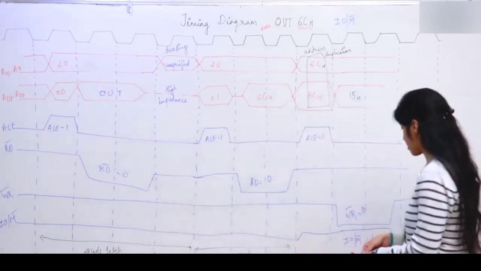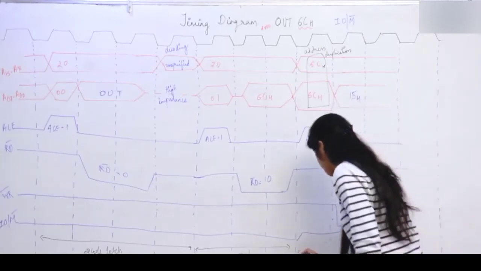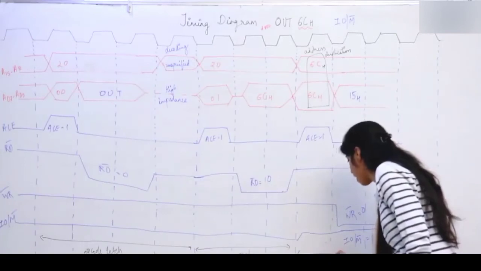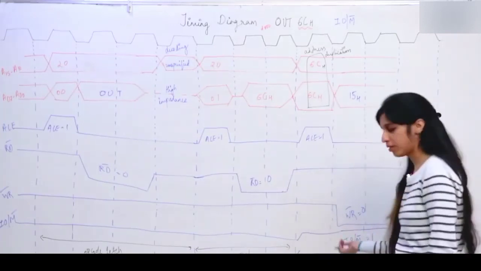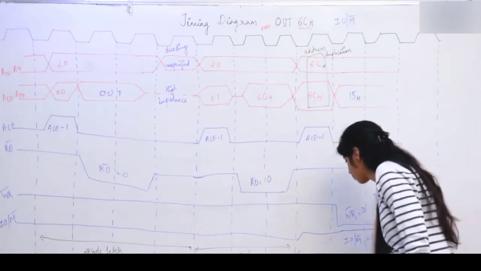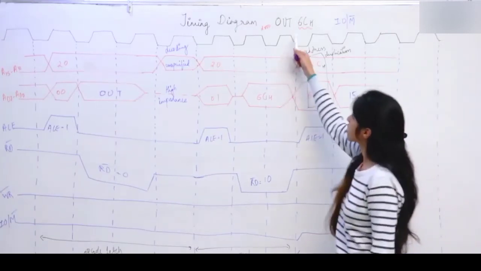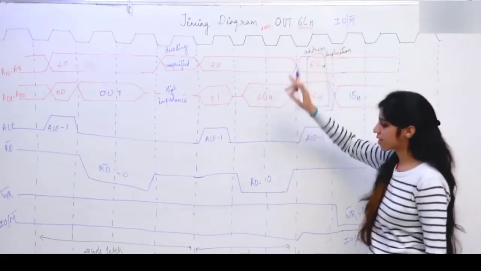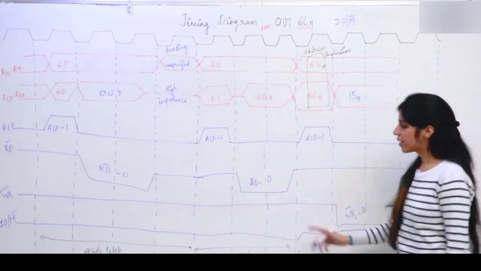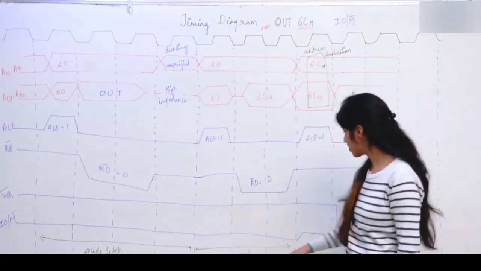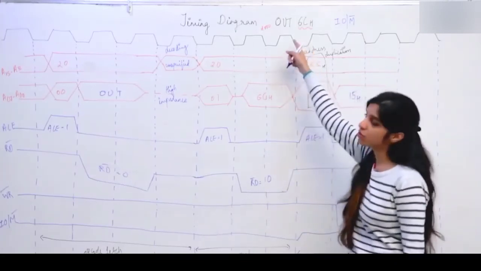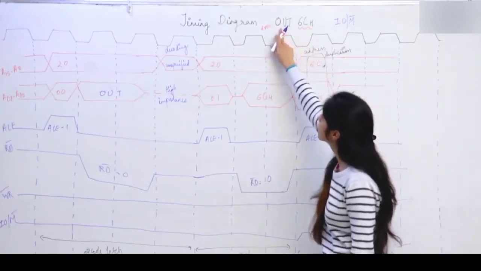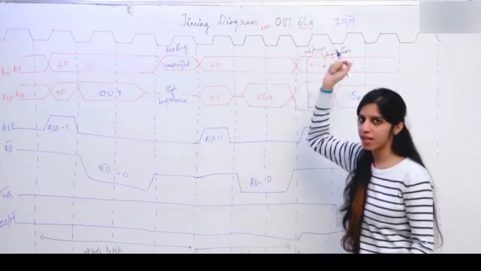And the last 3 states, what we are doing is IO write. IO write is input output write. This is taking 3 T states. So this instruction OUT 6CH comprises 3 machine cycles: opcode fetch, memory read and IO write. Opcode fetch is 4 T states, memory read 3 T states and IO write 3 T states. So totally it is going to take 10 T states, and also the size of this instruction is 2 bytes. 1 byte is for the opcode and 1 byte for the address.